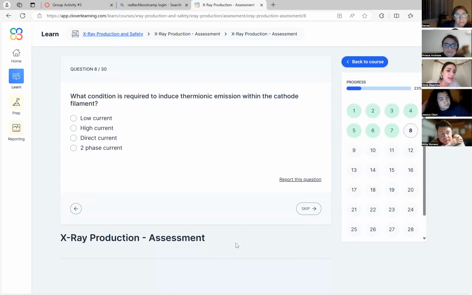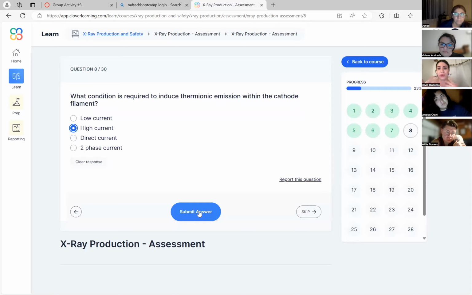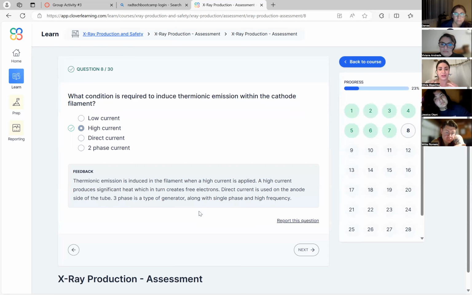Oh, this one did stump me, but I believe it's high current. I think it is too. Yeah, I was thinking so too. For some reason I was wanting to say direct current, but I know thermionic emission is like you're boiling off the electrons, so it makes me think like in order to boil, you need a higher temperature. So I don't know. Oh, that makes sense.